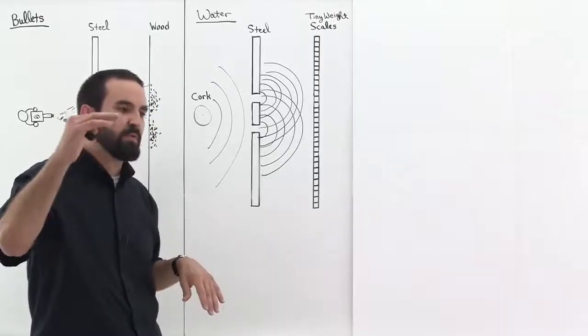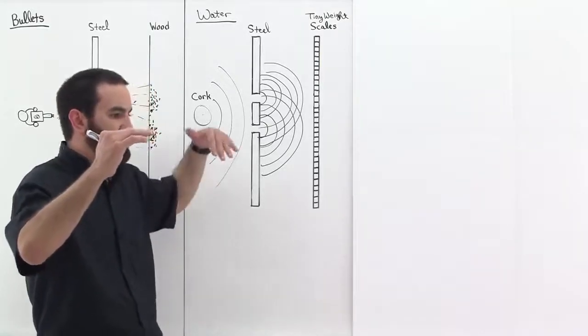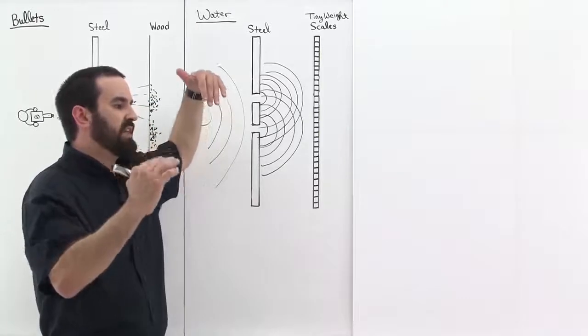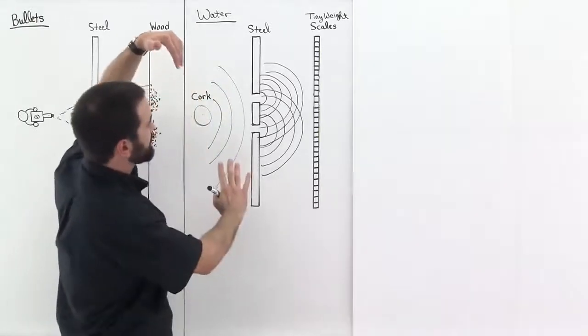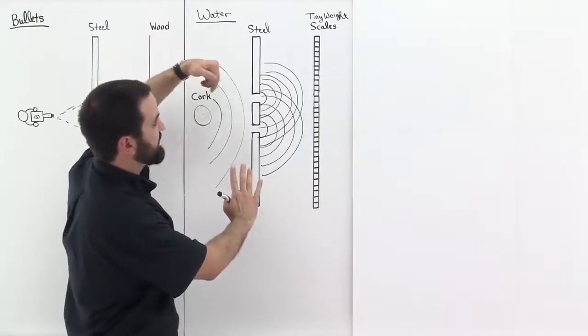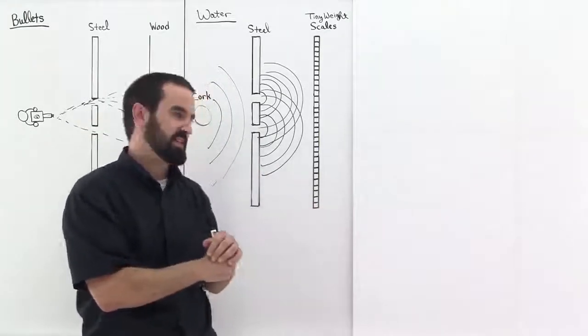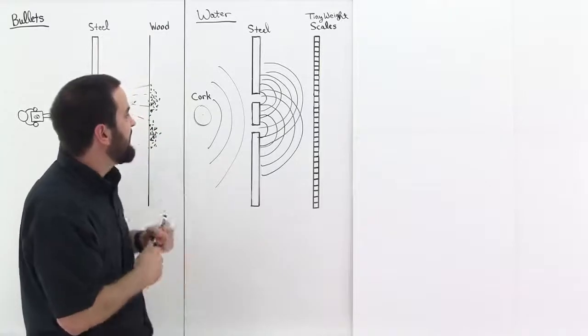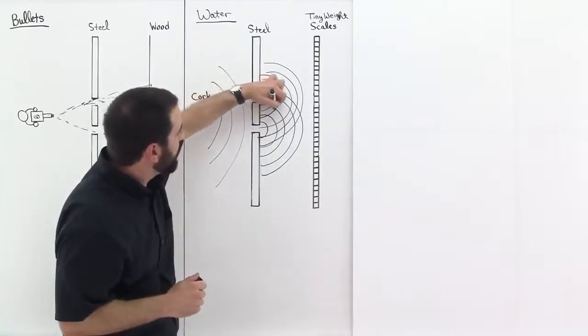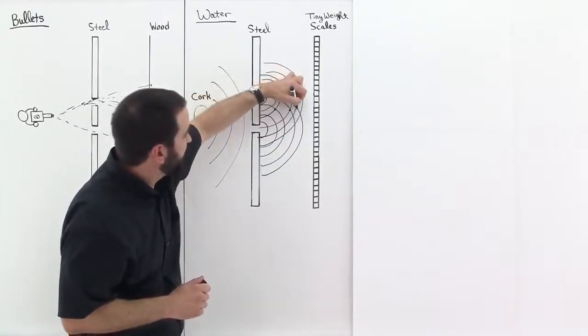And where the crest from one source coincides with the trough from the other source, we'll get an intermediate value of water arriving at the scale wall right back here. And so we'll see in the middle that the crests are lining up here, here, and here.